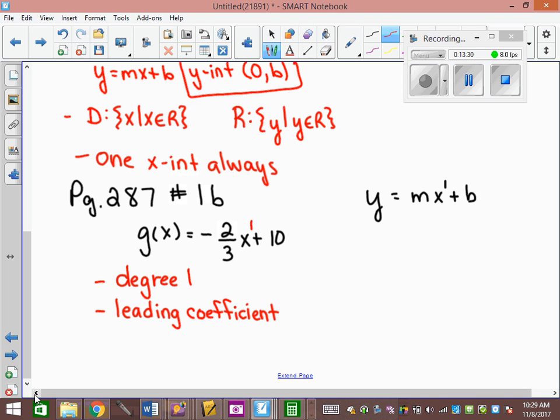So it's always the number in front of the largest exponent. Even if I wrote this as 10 minus 2 over 3x, my leading coefficient wouldn't change, because it's always the coefficient that leads the equation, the one in front of the largest exponent. In this case, my largest exponent is x to the 1.